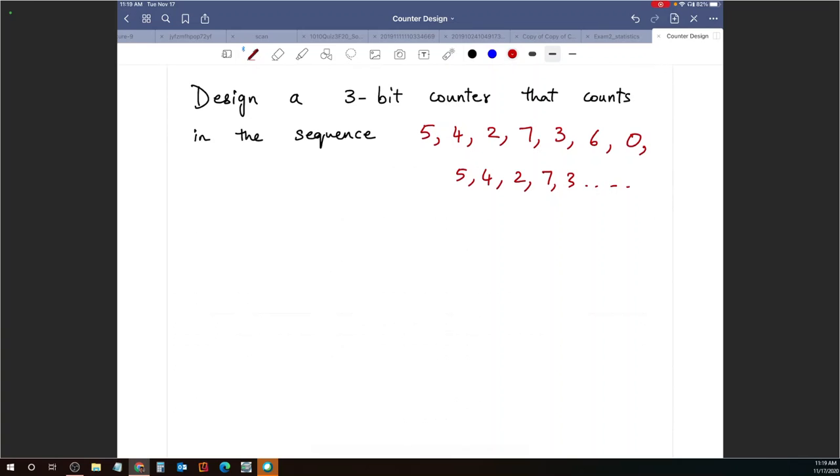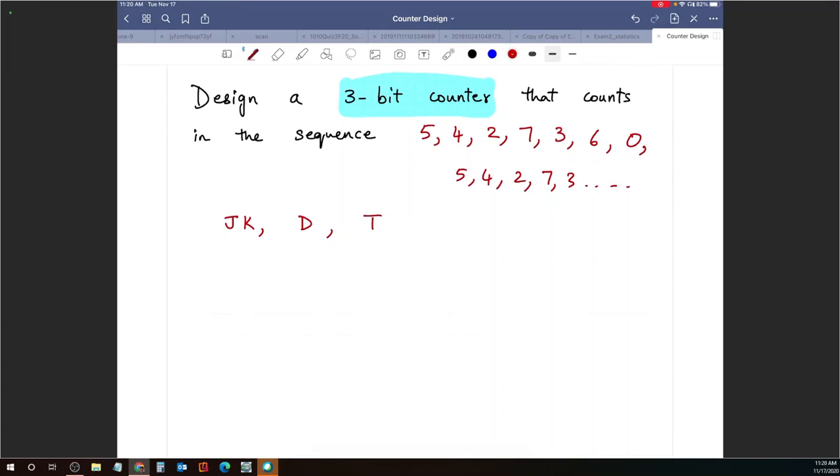Now, since we have a 3-bit counter, I also want you guys to pick 3 different flip-flops: JK, D, and T. Which one do you want to use for the most significant bit of the counter and the least significant bit of the counter?